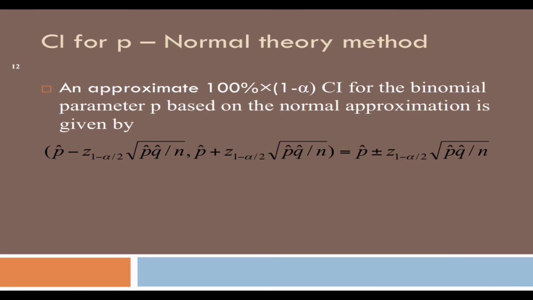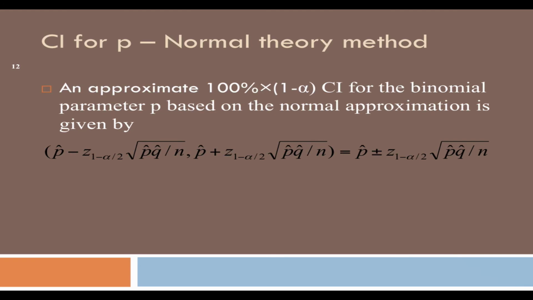This slide just gives you a summarization of the normal approximation of the confidence interval for P. Again, you can see that this confidence interval is centered around P hat. And the length of this confidence interval is decided by alpha, P, and N. If N is bigger, the confidence interval gets narrower. If alpha is bigger, the confidence interval gets narrower.